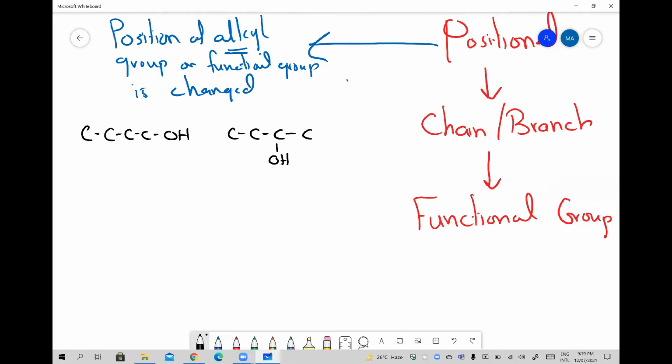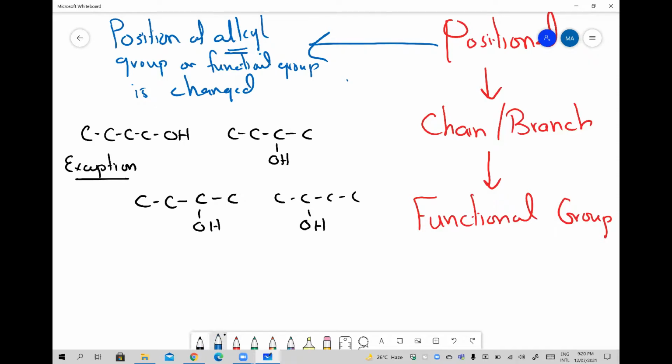Whereas if you look at an exception here, for example, what will not classify as an isomer: 4 carbons and OH here, or a mirror version of the same one. If you look at these two, both of these are exactly the flipped versions of each other. Because in organic chemistry, we've studied that we can start counting from either side.